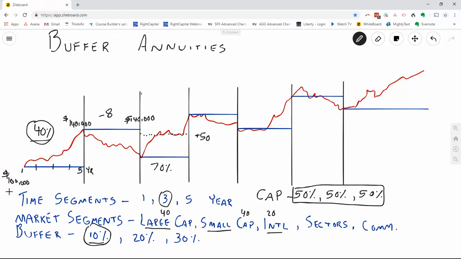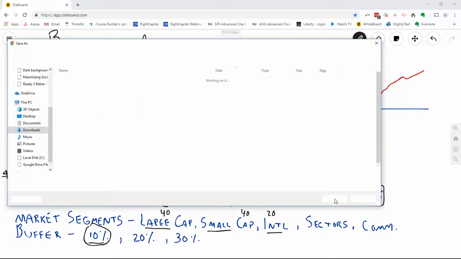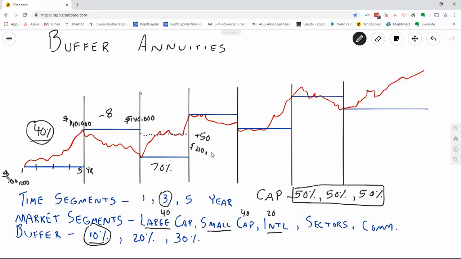So I'm going to add $70,000 to the account during the time. I didn't get the full benefit of 100% of the growth because there was a cap.